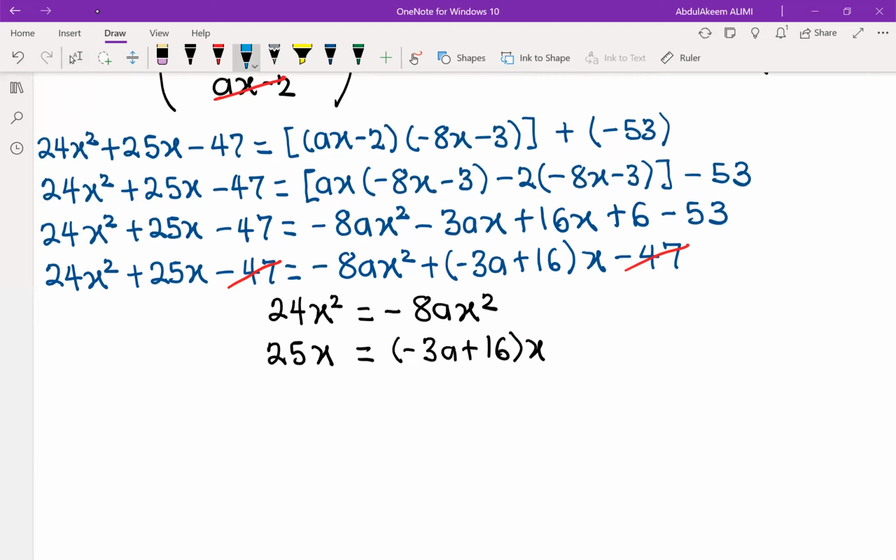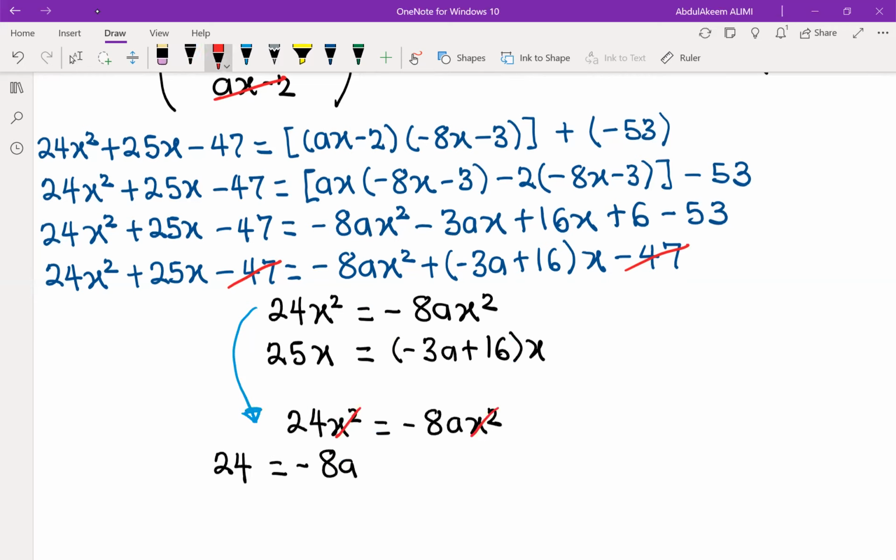Let me solve the first. 24x squared equals minus 8ax squared. Since x squared is common, it will cancel out, and I'll have 24 equals minus 8a.